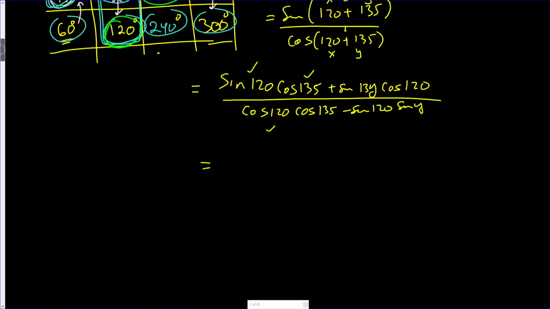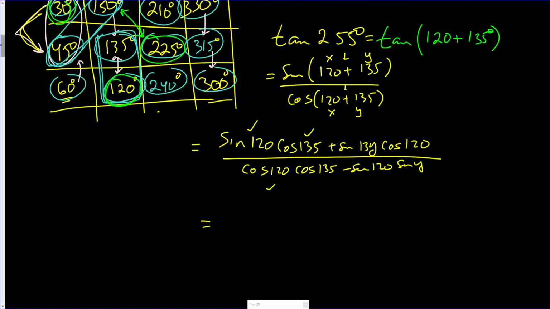So I do have a couple of typos. Y is 135, so I shouldn't have y here. I should have 135. And over here, underneath that, I have 13y. That should just be 135. So I need the sine and the cosine of 135 in a few places.